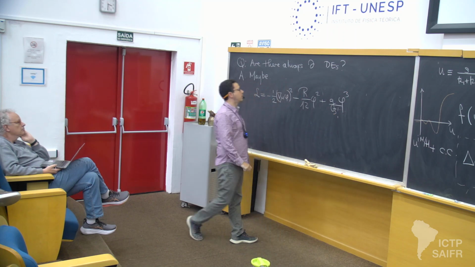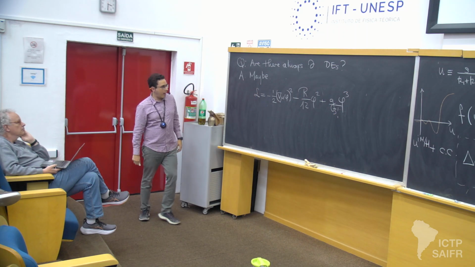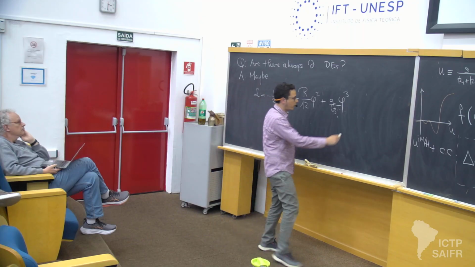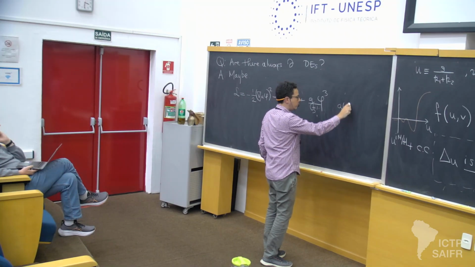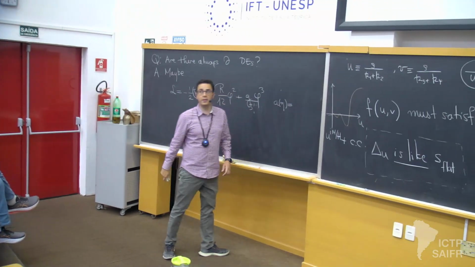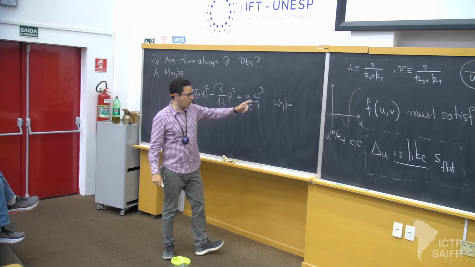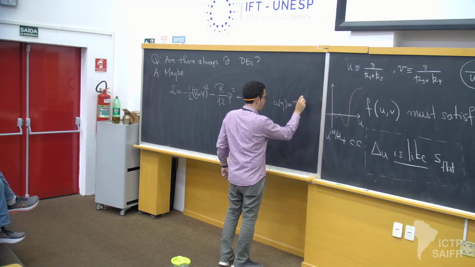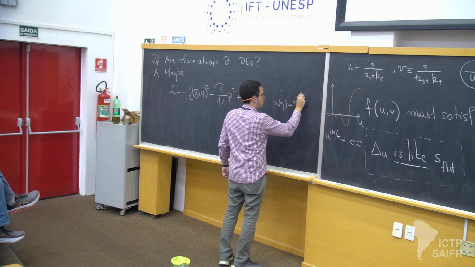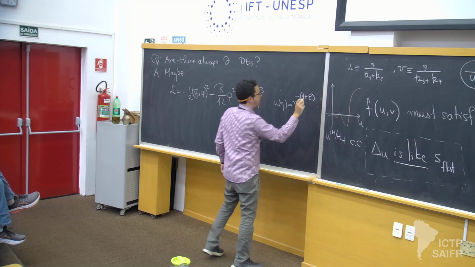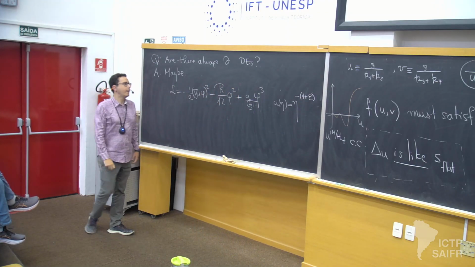Now, I'm going to take the scale factor to not be de Sitter. For de Sitter, it goes like 1 over eta. I'm going to write eta to the minus 1 plus epsilon, okay?